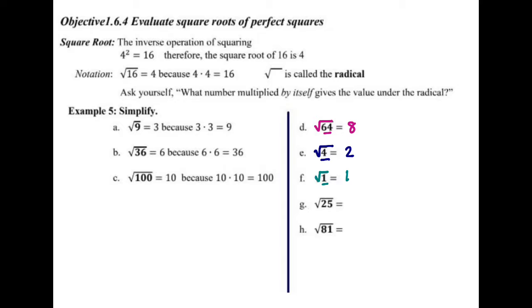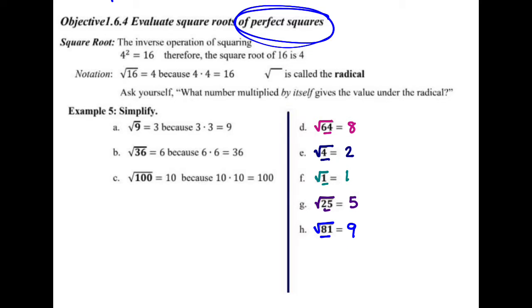What number times itself gives you 25? The answer is 5. And last one, what number times itself gives you 81? That's 9. Okay, these are called perfect squares because your answers are all whole numbers.